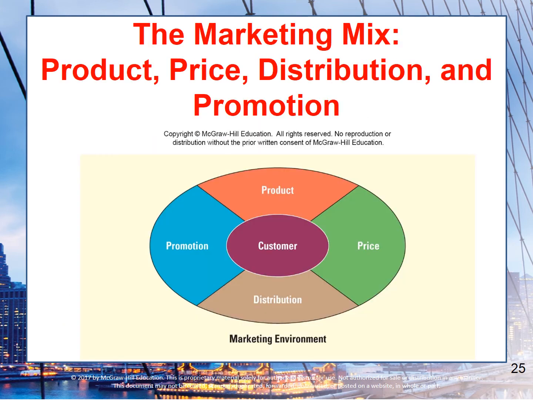As we just learned, the first step in developing a market strategy is to have a marketing segmentation. So now we're going to look at the second step, and that is to create and maintain a marketing mix. The marketing mix is going to refer to the 4 marketing activities.